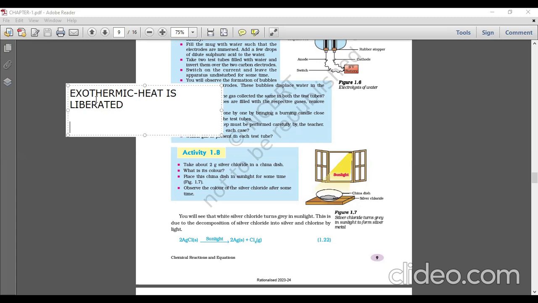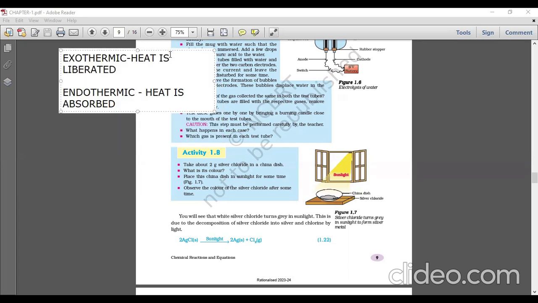Now, from activity 1.8 onwards, we study endothermic reactions. Endothermic reaction means, in any chemical reaction, if heat is absorbed and the chemical reaction takes place, such types of reactions are known as endothermic reactions.